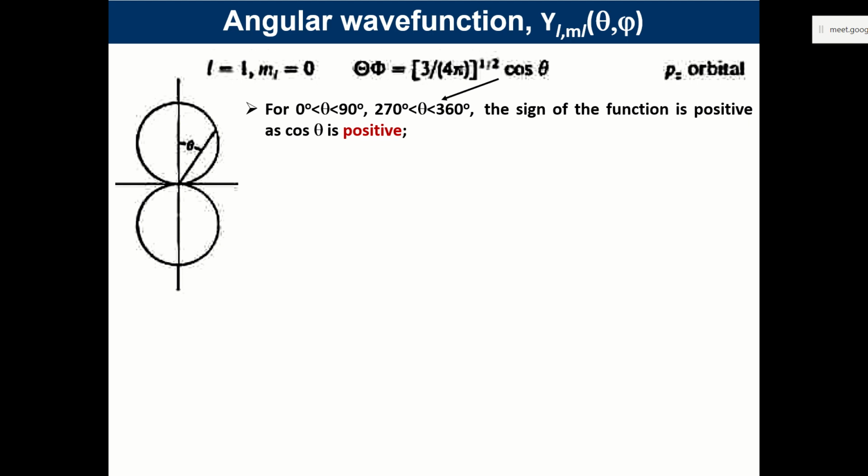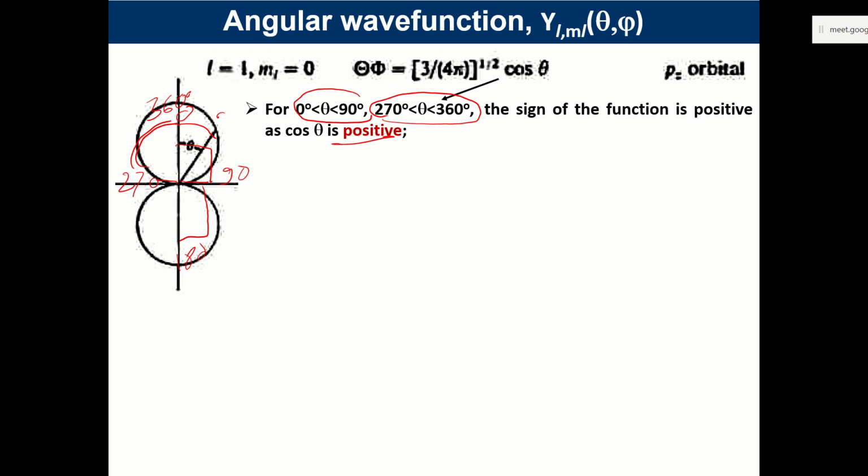So cos theta between 0 to 90, and between 270 to 360. So 0 to 90, this is 90, this is 180, this is 270 on this side. Between 270 and 360, it is positive, you know that.